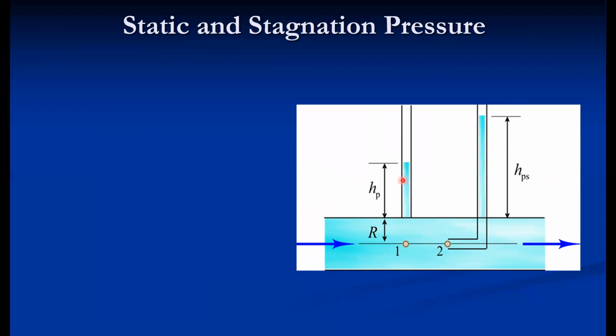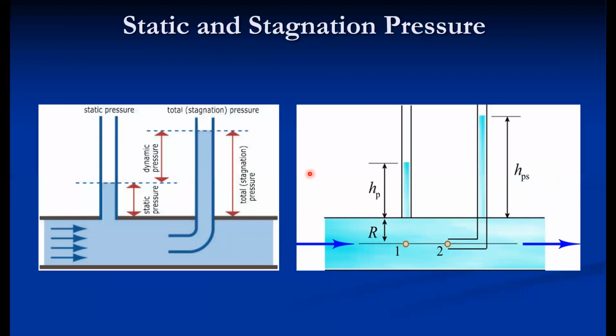HP we can call the static pressure head, and HPS the stagnation pressure head. That is pressure head. This is the equivalent static pressure, that is H into gamma. This is called the dynamic pressure, and the static plus dynamic pressure is called the total pressure, or the stagnation pressure.